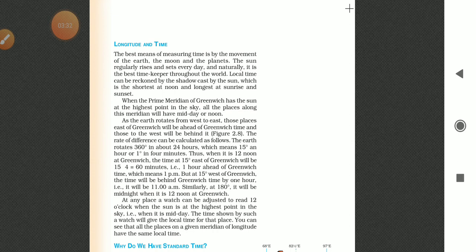When the prime meridian of Greenwich has the sun at the highest point in the sky, all the places along this meridian will have midday or noon. As the earth rotates from west to east, those places east of Greenwich will be ahead of Greenwich time, and those to the west will be behind it.